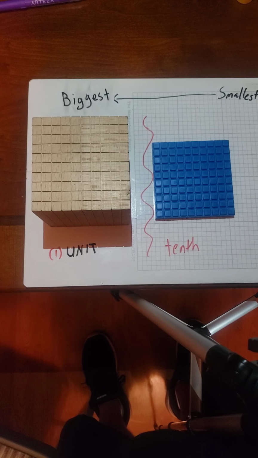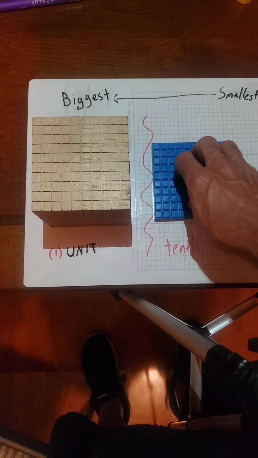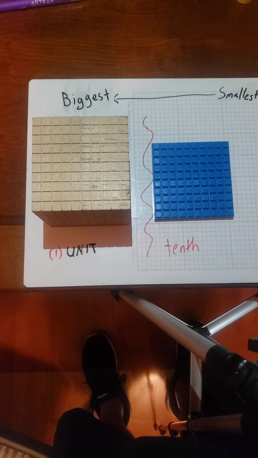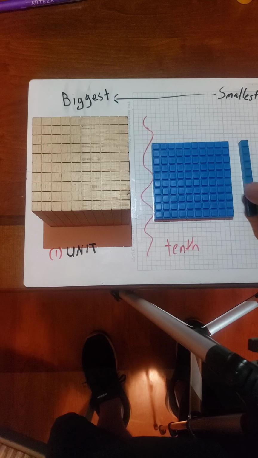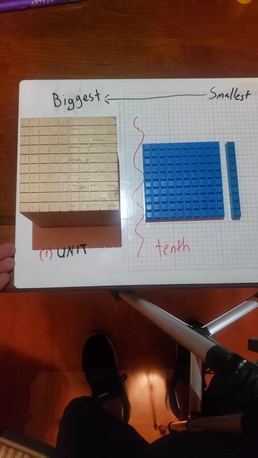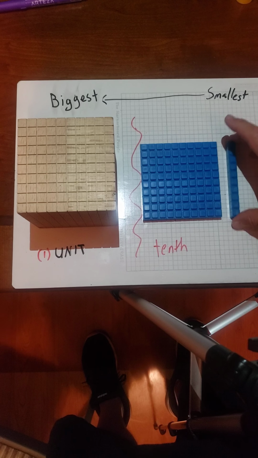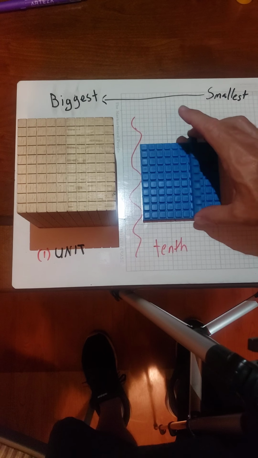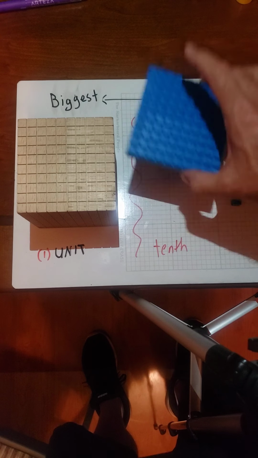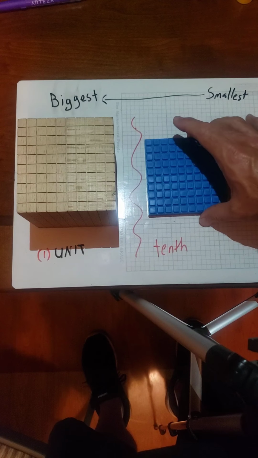Okay, so then the question is, what's smaller than this? Well, so if we think about what we did before, the next one down would have been a long that looks like that. And the reason it's a long is because it would take 10 of these to make 1 of these. And then it takes 10 of these to make 1 of those.